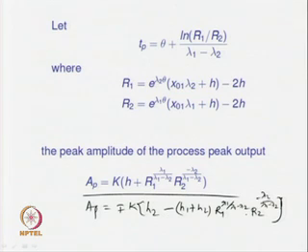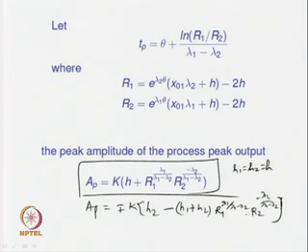So, when h 1 is equal to h 2 is equal to h, then it is not difficult to get the same expression in the form of A p is equal to k times h plus r 1 to the power lambda 1 divided by lambda 1 minus lambda 2 times r 2 to the power minus lambda 2 divided by lambda 1 minus lambda 2. Okay.